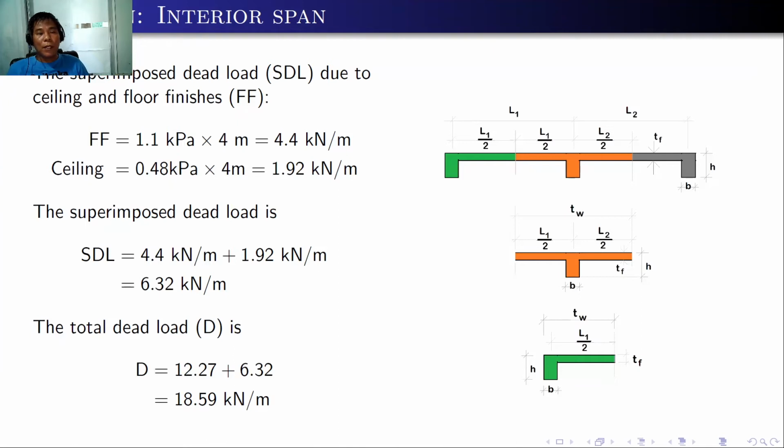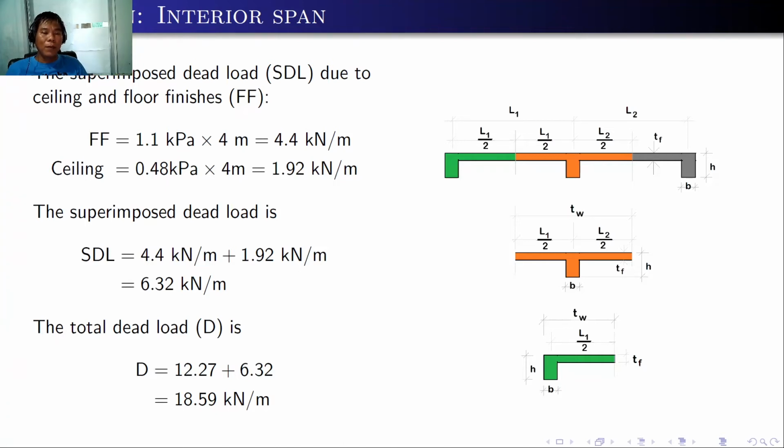The superimposed dead load, the additional loads which are not included in the self weight, is due to the ceiling and the floor finish. We assume a floor finish of 1.1 and a ceiling of 0.48. So the total superimposed load is 1.58 kilopascal. Or you can directly multiply each with the tributary width, just like what I did here, by multiplying by 4 meters.